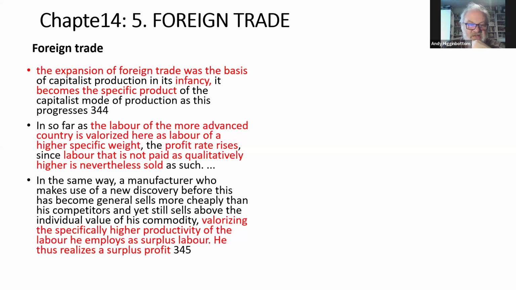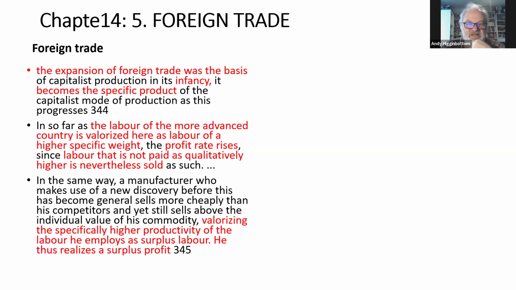by this time. The labour of the more advanced countries is valorized here as labour of a higher specific weight. The profit rate rises since labour that is not paid as qualitatively higher is nevertheless sold as such. So this is an interesting point, right?